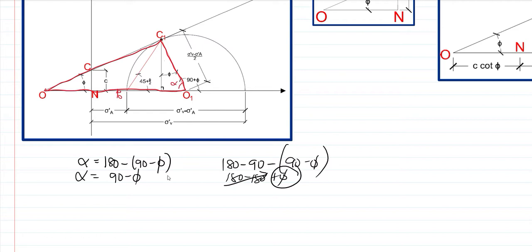So, from that one, syempre kakailanganin natin yung segment ON, yung segment NO1, at pwede na din yung nakuha natin na O1C1, which is the radius of our Morse circle. So, ang kakailanganin na lang natin is ON and NO1 na values.